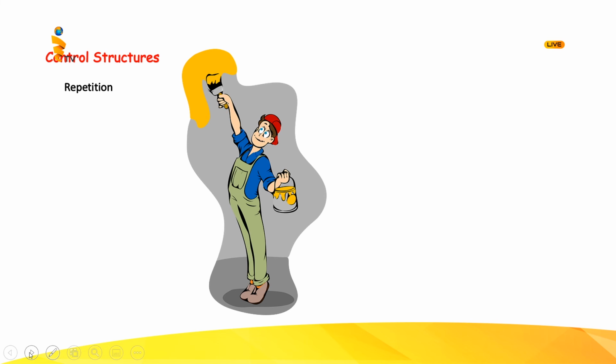If he has to paint a wall, he has to do that painting again and again till he has finished painting the wall, or maybe till his bucket is empty. If we have a math problem, we will do it again and again until we get the correct answer. You can think of so many problems like that.